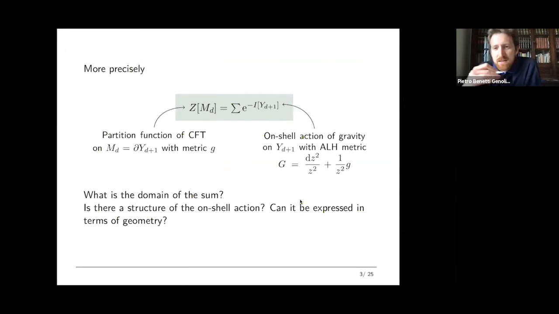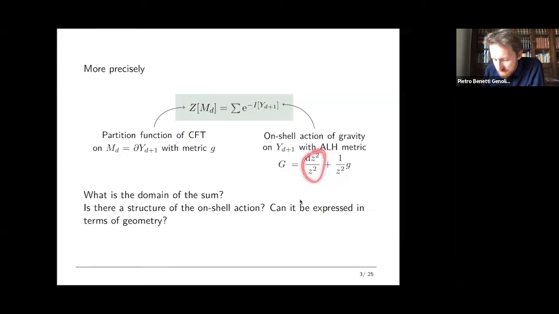More precisely, in the computationally sensible limit, which is a large degrees of freedom limit, it says that the partition function of a conformal field theory on a space MD with a metric G is equal to e to the minus I. So the free energy of the theory is equal to the on-shell action of gravity on a space Y d+1 such that the conformal boundary of Y is equal to M, and the metric on Y is asymptotically locally hyperbolic with this behavior.